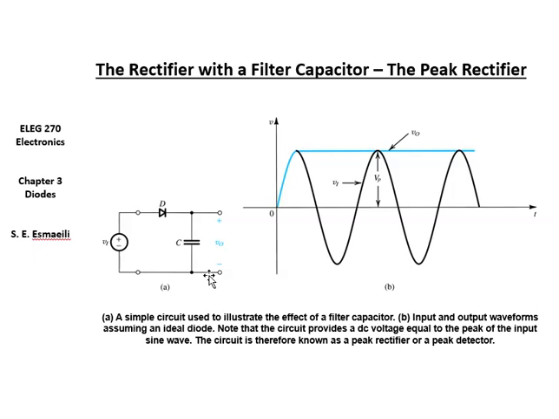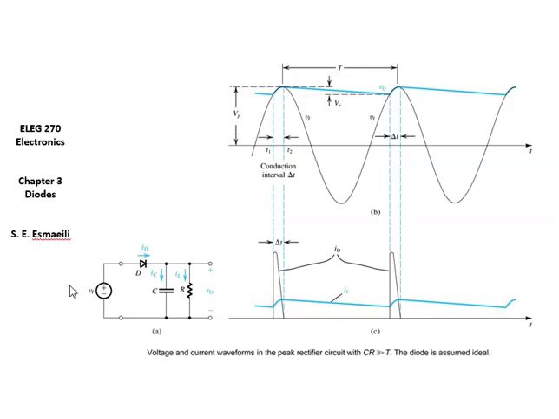But there's one problem. The reason that we see this beautiful straight line is that there is no load here. But we want to connect this rectifier to something. There is going to be a load that's going to use this voltage, right? So the moment that we have a load, this capacitor will be discharged. So this shape will be the more realistic shape.